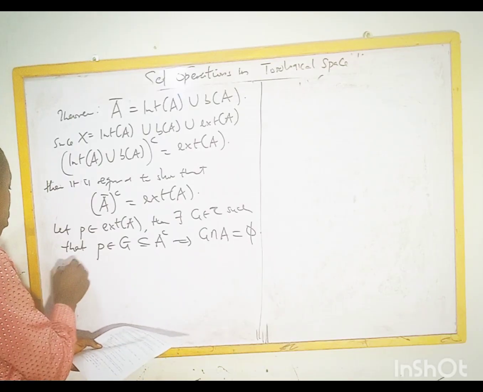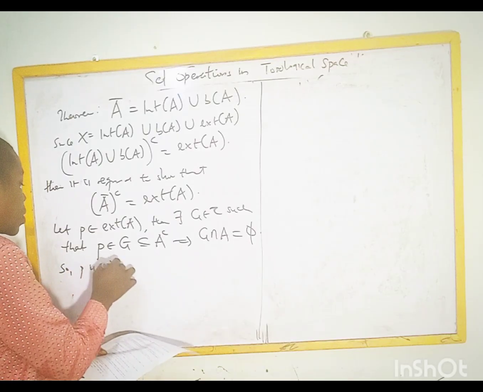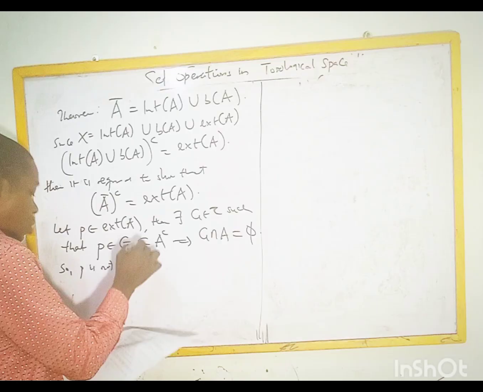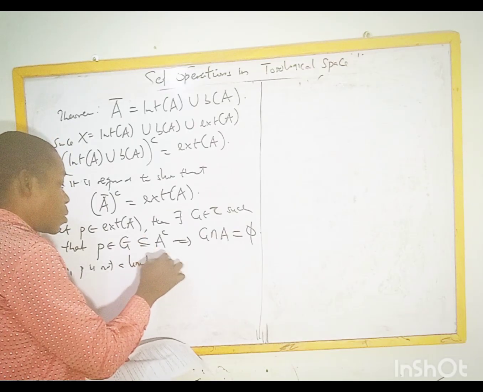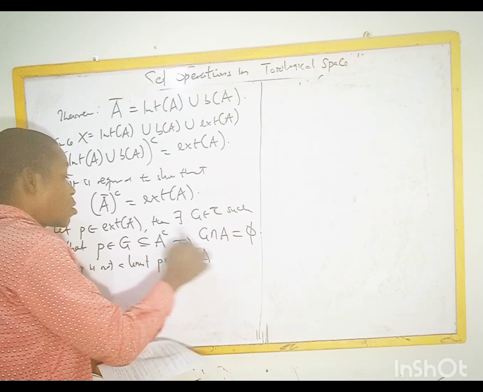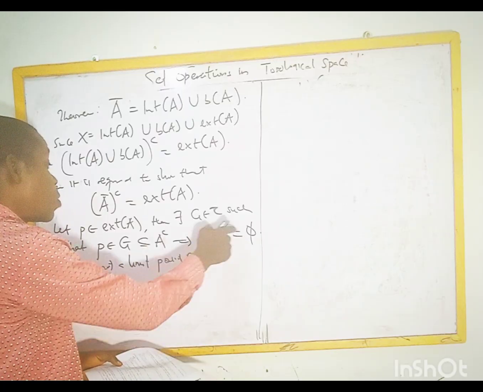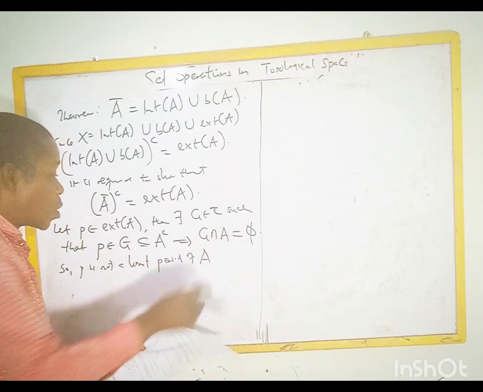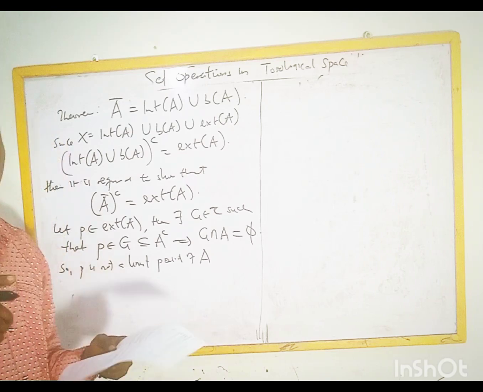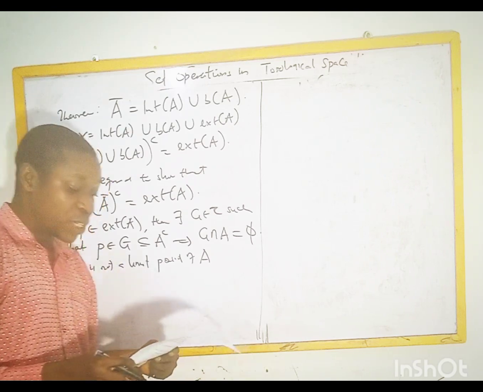So P is not a limit point of A, because for it to be a limit point, the intersection must not equal the empty set. Because this is an empty set, P is not a limit point.